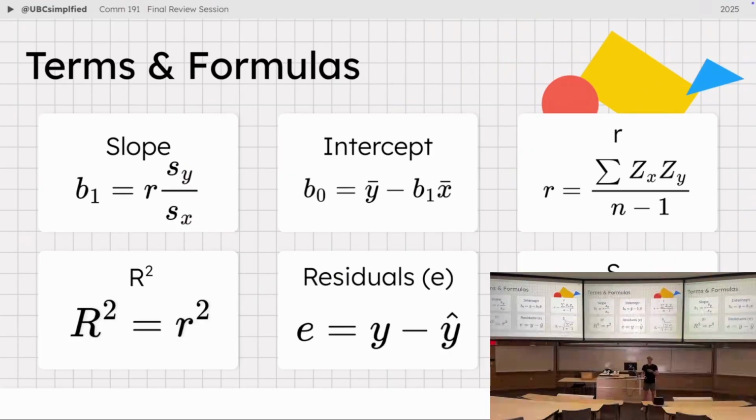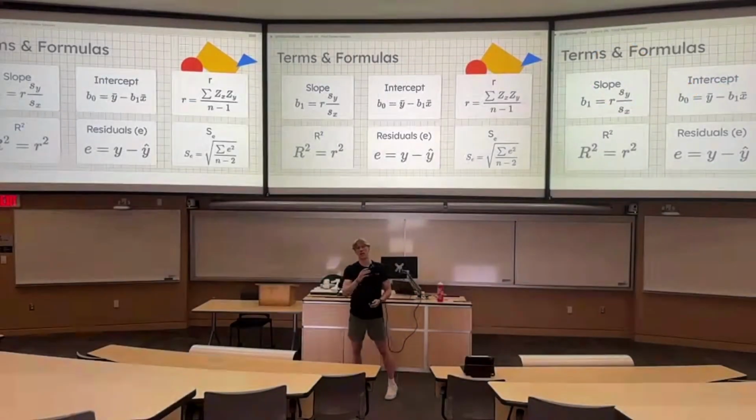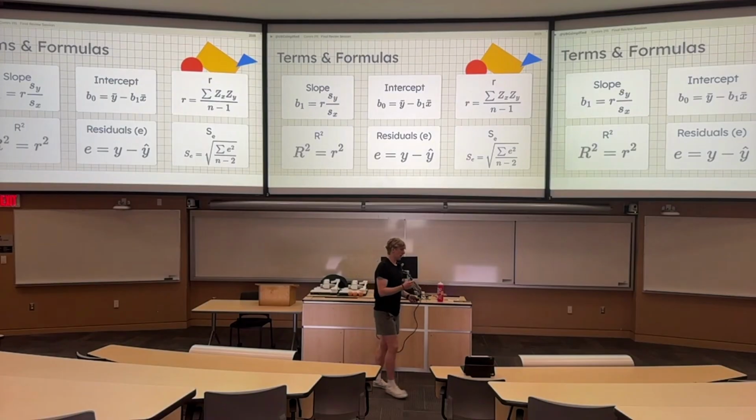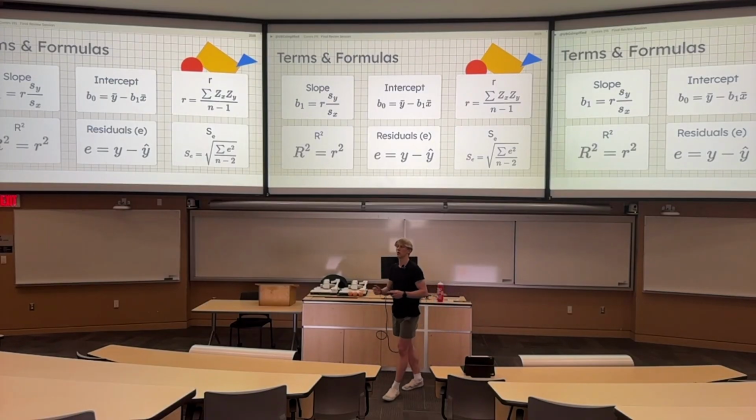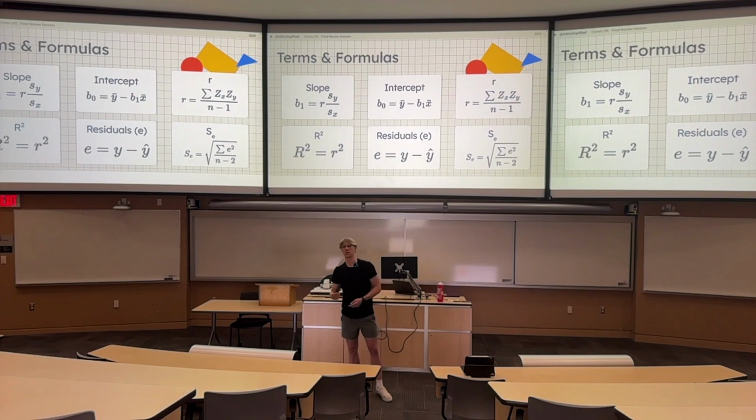I think it's really important to keep this formula in mind when they're asking questions or terms about the slope, because this is where the slope comes from. I like to think of it as the correlation coefficient determining the direction of the slope, so positive or negative. But the actual magnitude of the slope depends on the standard deviation of y and the standard deviation of x.